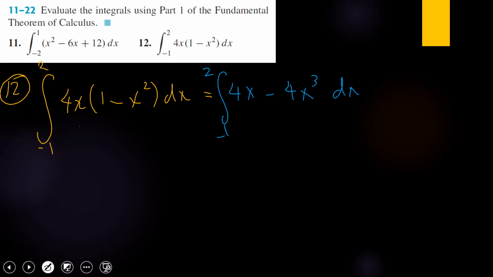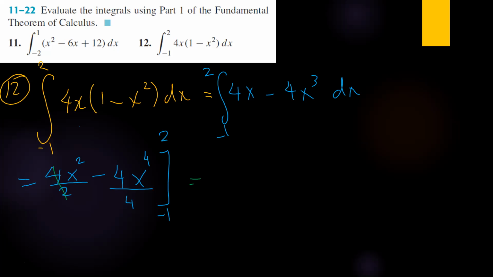Then let's now integrate. What's the integration of 4x? We have 4x squared over 2 minus 4x cubed, it is x to the power 4 over 4, from -1 to 2. So now we have 2x squared minus x to the power 4 from -1 to 2.